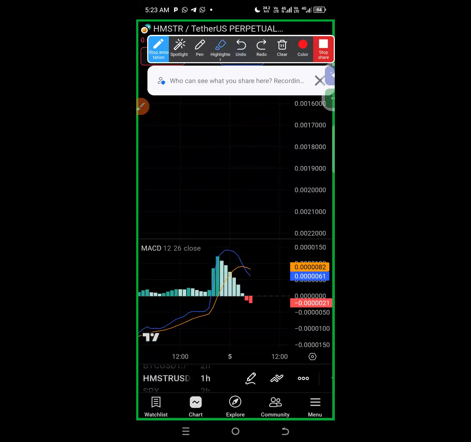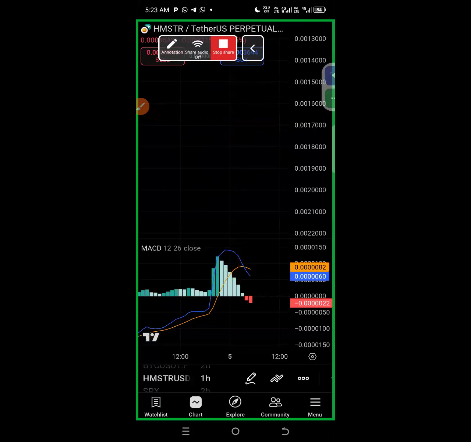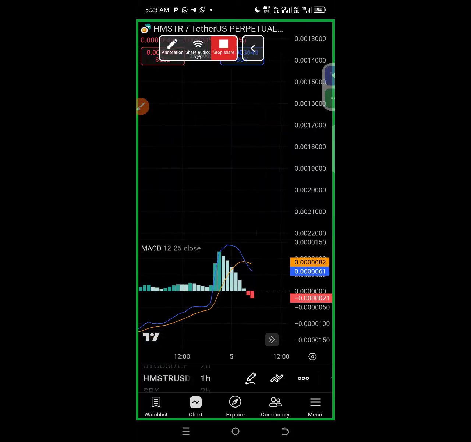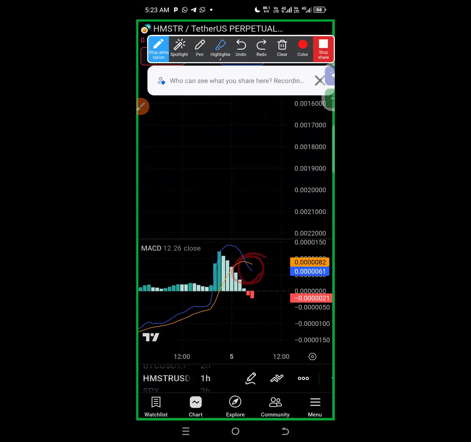If the MACD line crosses above the signal line, it gives us an indication that it is bullish momentum. And when the MACD line crosses below the signal line, whenever a crossover happens below, it simply means it is a downtrend.